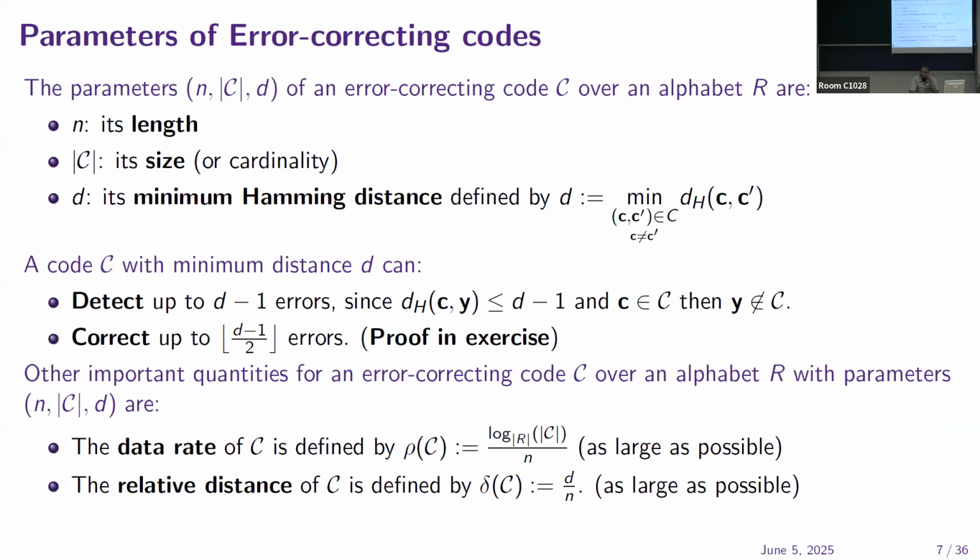Parameters of error correcting codes. The parameters of an error correcting code are first the length, second the cardinality, and third the minimum Hamming distance. The minimum Hamming distance is the distance between different code words.